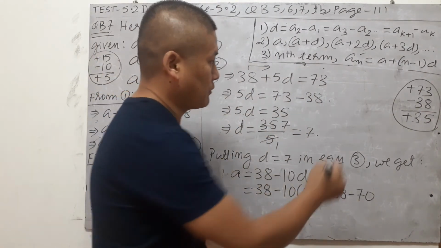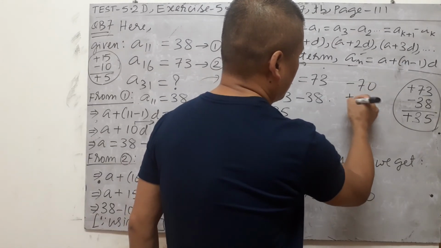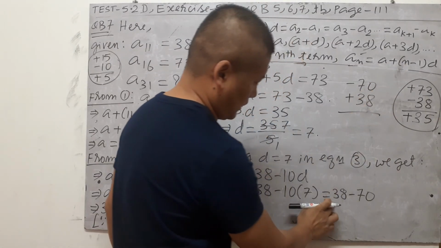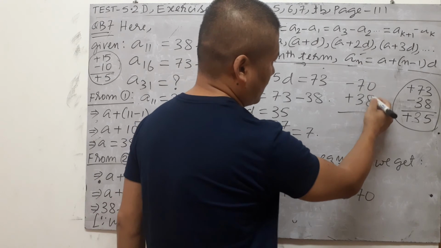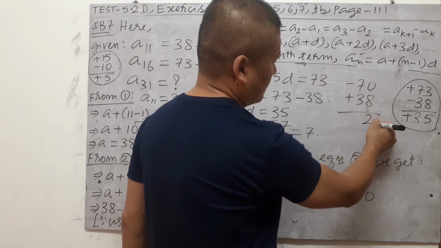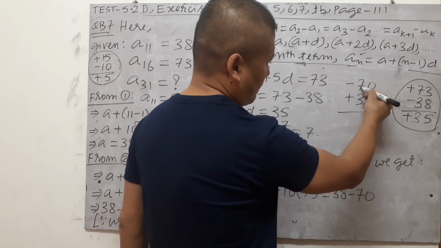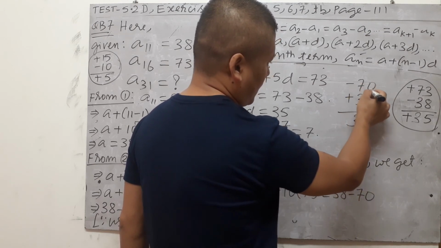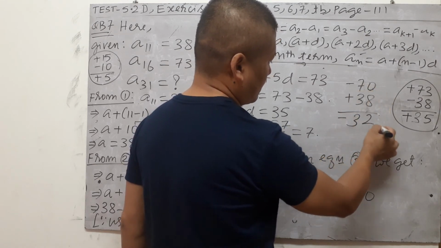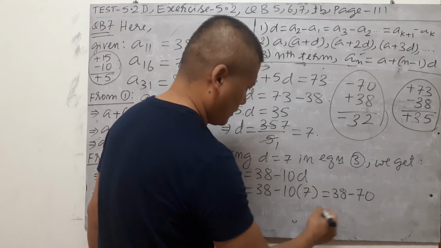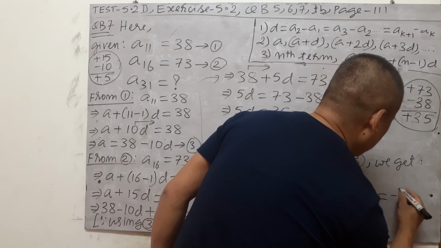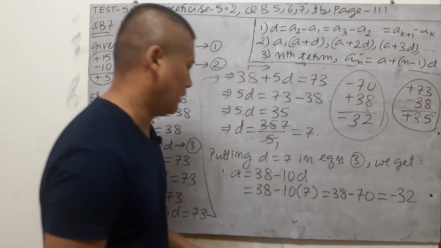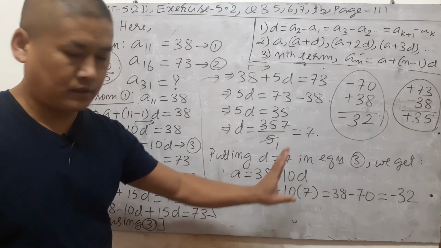So bigger one up you put again, smaller one down you put, plus 38 minus 70, subtraction. 10 minus 8, 2. 1 was taken from 7 to make 10 here, so only 6 left. 6 minus 3, 3. Bigger absolute value has minus sign, so here also minus. So minus 32 is the value of A. You have A minus 32, D plus 7.